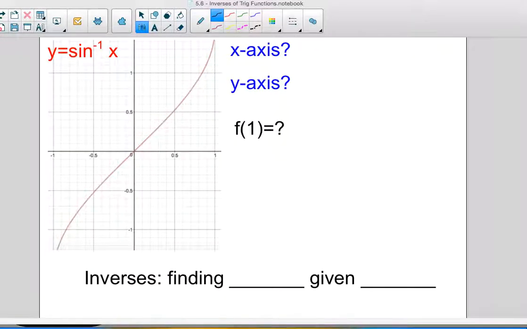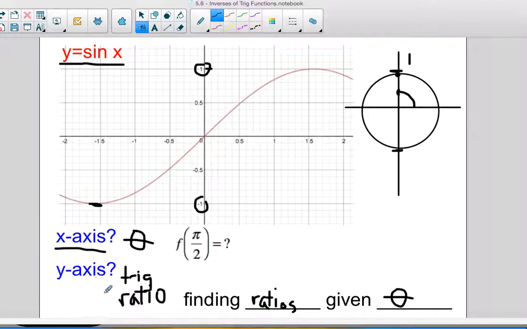The inverse would be the inverse operation, which, if you remember from inverses, you flip x and y. So now, if you had f of x or y equals inverse sine x, that's how we read it, they're going to flip. This may look confusing, but if you flip the x and y, now the x-axis from the previous question is the same thing as the y-axis.